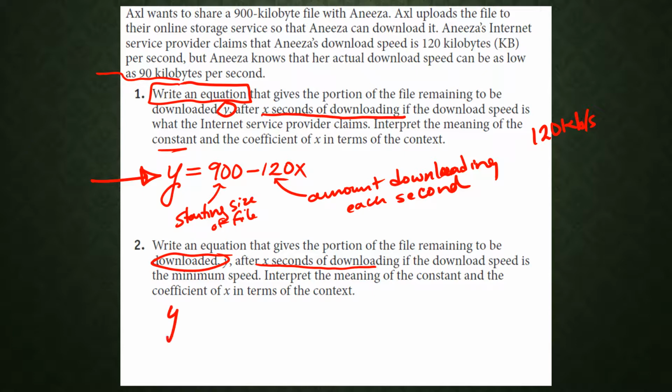So that would look like y equals 900 minus 90x in that case. And that's still the starting file size, and this is the amount downloading, or download rate, download rate per second.